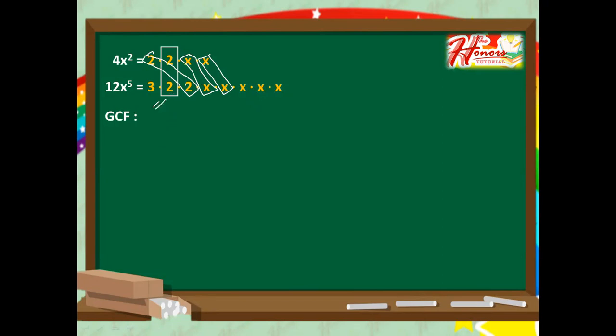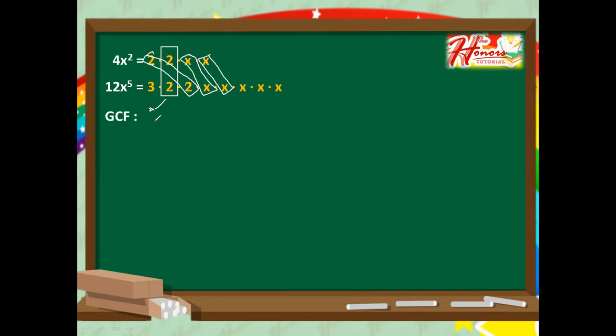So this one, 2 and 2, will be written as 2 only. Times this box, 2. And this box, that's times x. Let's use another symbol for multiplication so that you will not be confused.